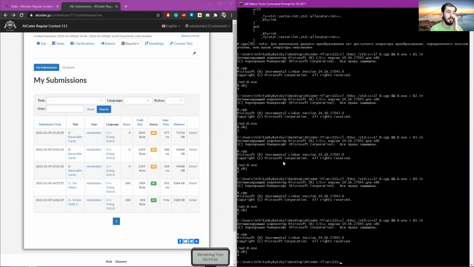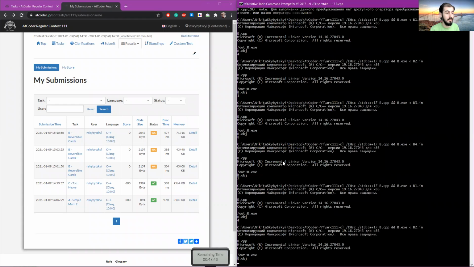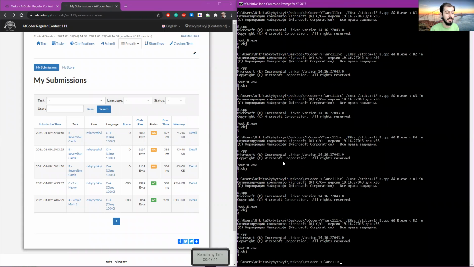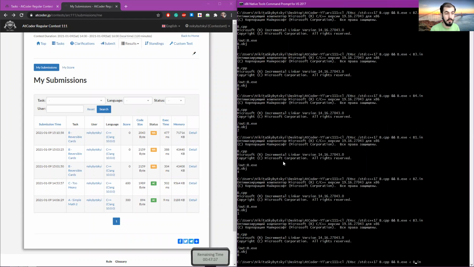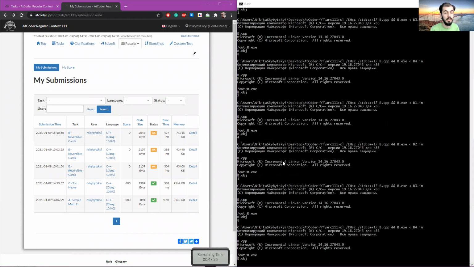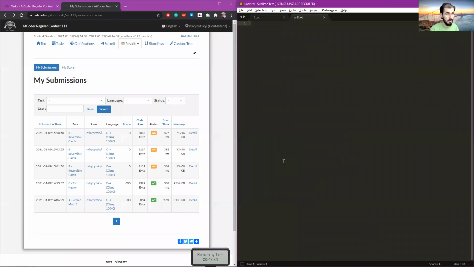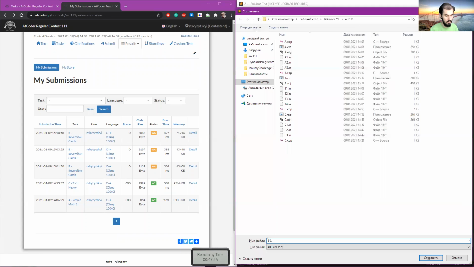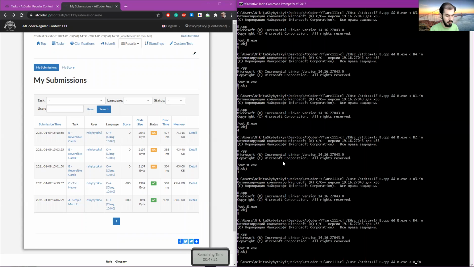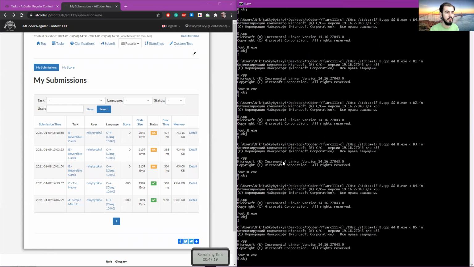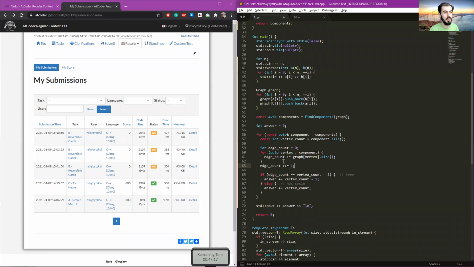Oh my, oh my. Did we not have any test case in which it is a tree? No, let me just do 2 edges from 1 to 2, from 2 to 3, right? Previously the answer should be 2 and the answer is 3.